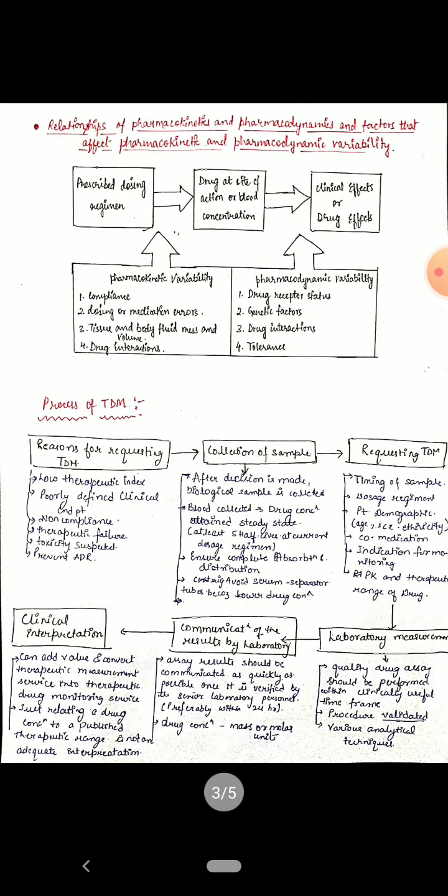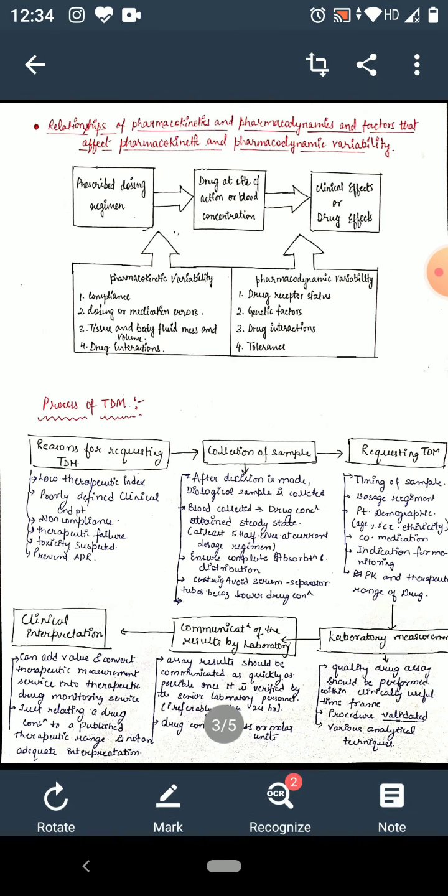This diagram depicts the relationship of the pharmacokinetic and dynamic and other factors that affect the kinetic and dynamic variability for the measurement of TDM: the prescribed dosing regimen, the drug at the site of action or the blood concentration, and lastly the clinical or drug effect.